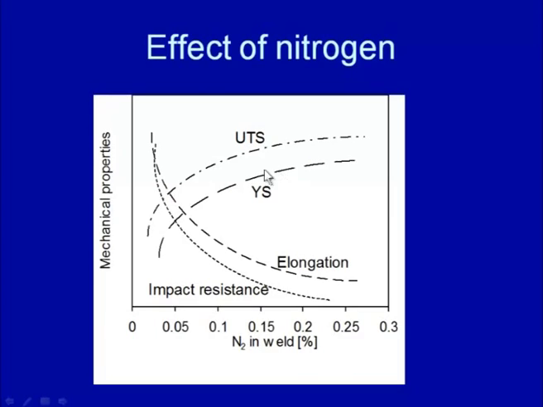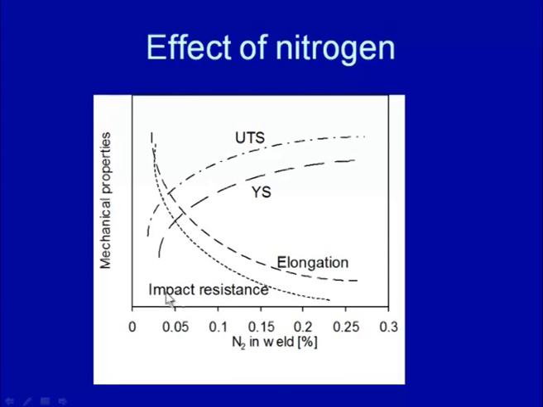The decrease in elongation and impact resistance is also because of these needles, which provide easy sites for nucleation of voids and cracks at the needle and iron matrix interface, especially at the tip of the needles, and this in turn decreases the elongation. Similarly, a higher presence of hard and brittle iron nitride needles also decreases the impact resistance.